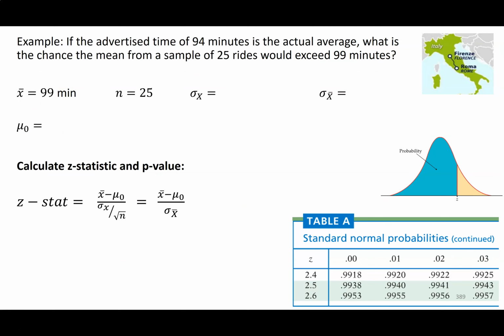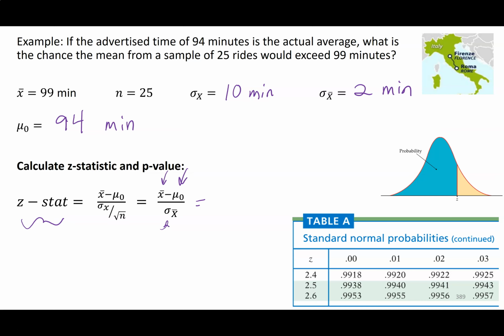Now that we've gone through those steps, we can calculate the test statistic and then our p-value. So 10 minutes. I'm just filling this in again, so 2 minutes, and then 94 minutes. Okay. My z test statistic is going to be what I saw in the sample minus what's claimed over sigma of x bar.